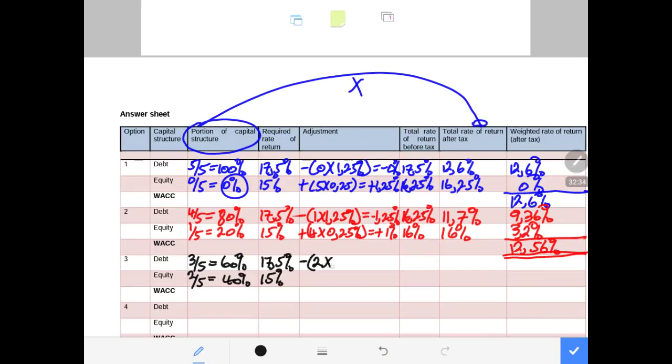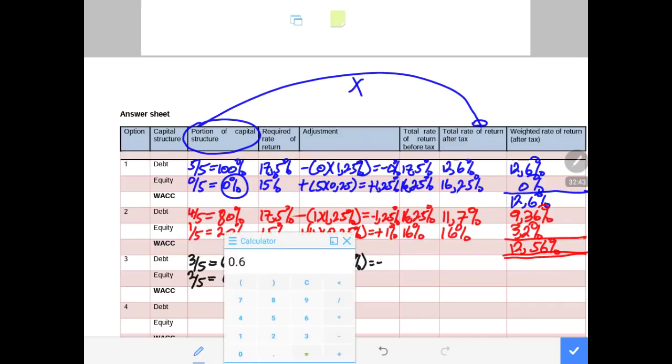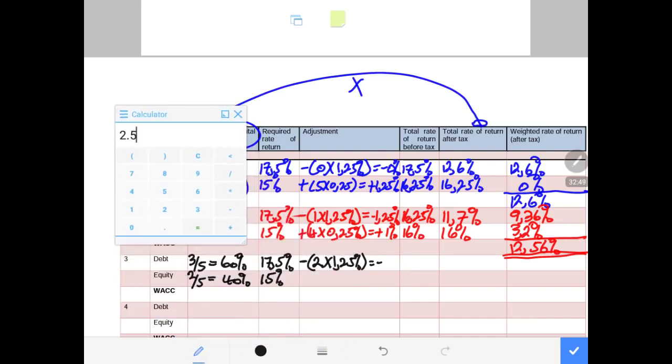It will be 2 times 1.25%, which is 2.5%.